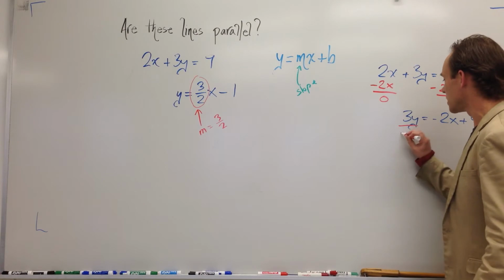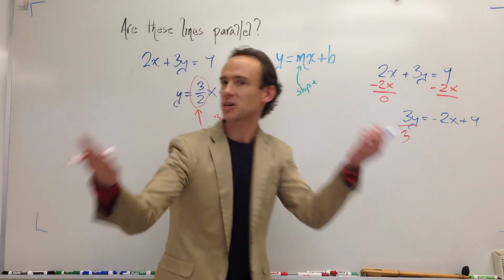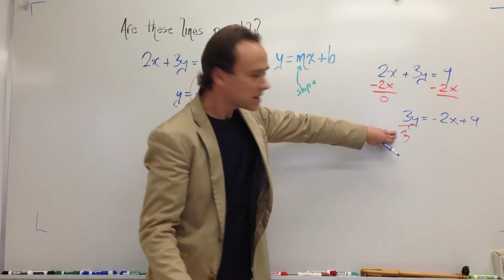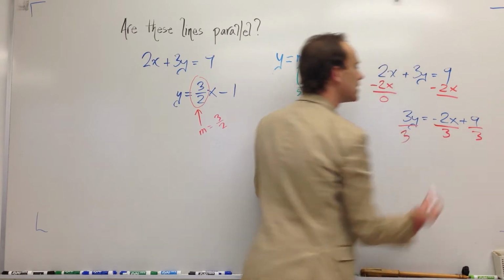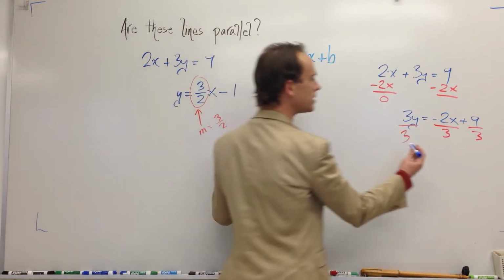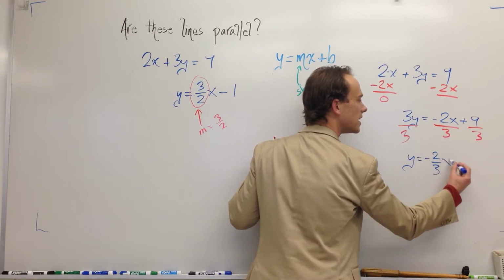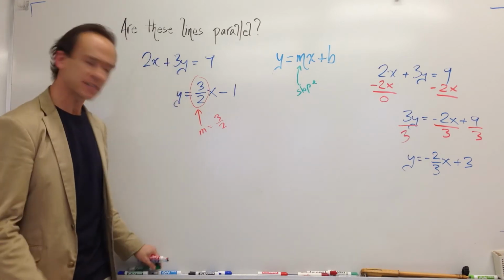Instead of times 3, we're going to divide by 3. But it's an equation, so both sides have to be equal. You can't divide by 3 on one side and not on the other. Everything gets divided by 3. So we get y is equal to negative 2/3 x plus 3. Now we're in slope-intercept form.